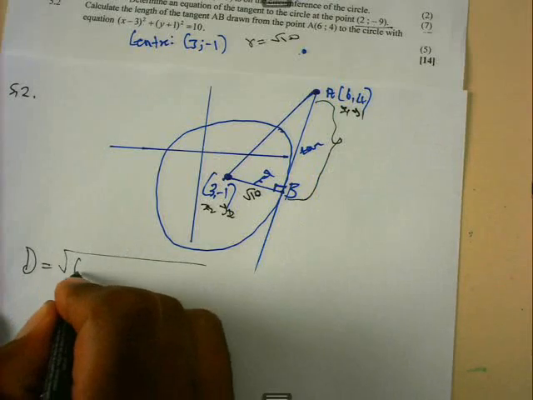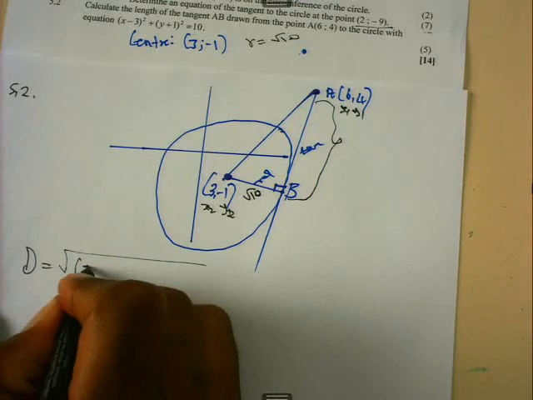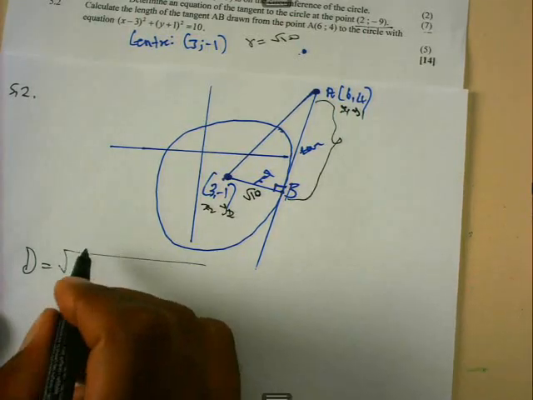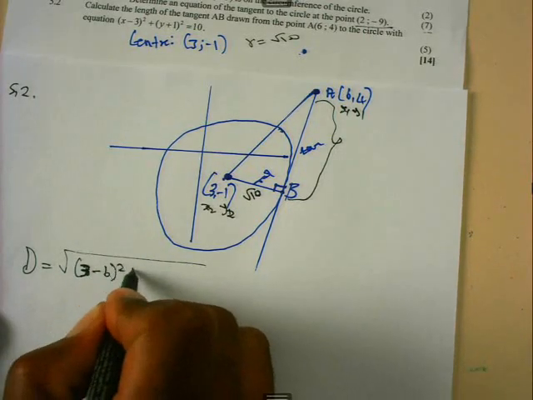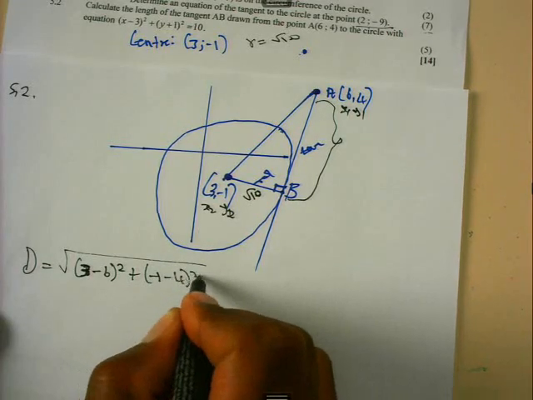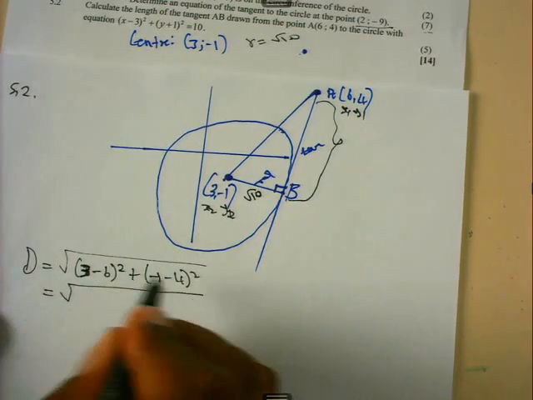Therefore, we are going to have x2, which is 3, minus 6, all squared, plus minus 1 minus 4, all squared.